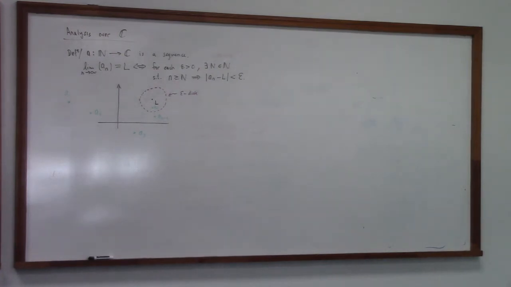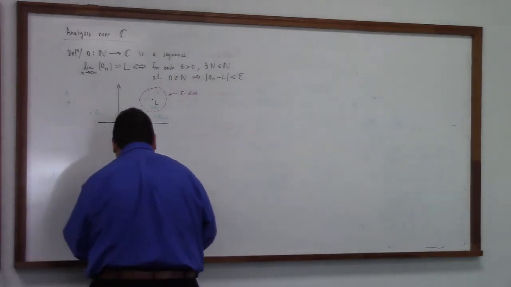If you take n large enough, they have to zoom in closer and closer to the limiting value. This is what it means for a complex sequence to converge to L. Just like in the real case, they cluster around that point in the number line.